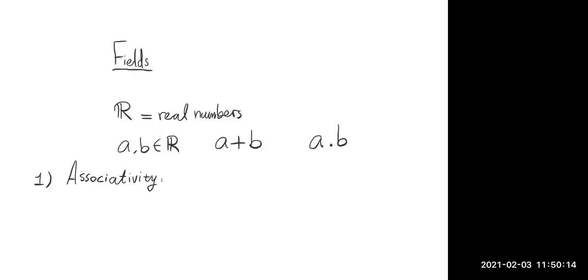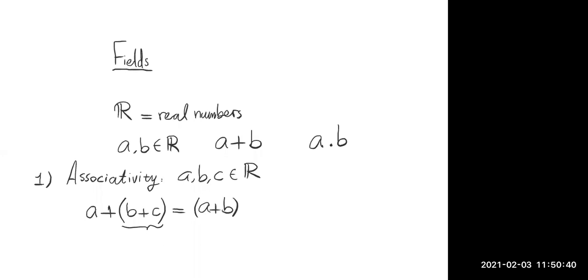That means if I take three real numbers, a, b, and c, and first add b and c, and then add a, it would be equal to first adding a and b, and then adding c. Simple.